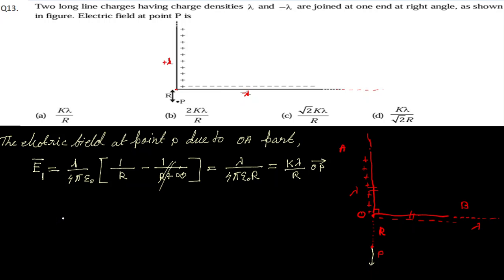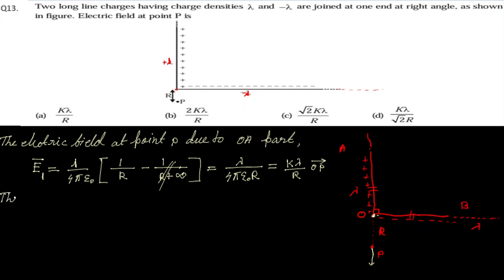Now if we want to calculate the electric field due to the OB portion, again we know that we have a semi-infinitely long wire, and we have to calculate the electric field at a perpendicular distance R from one end.